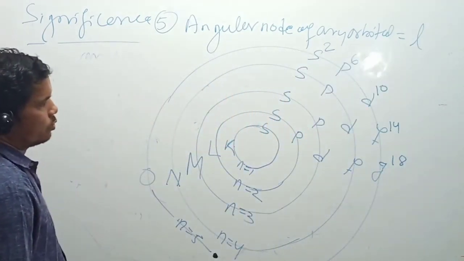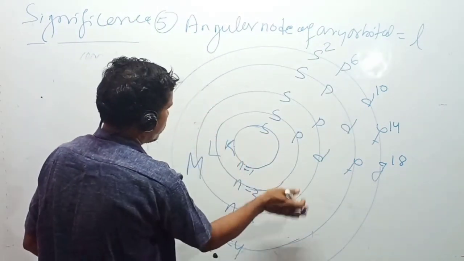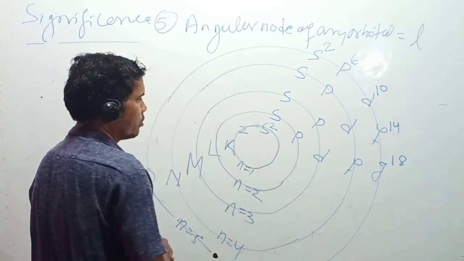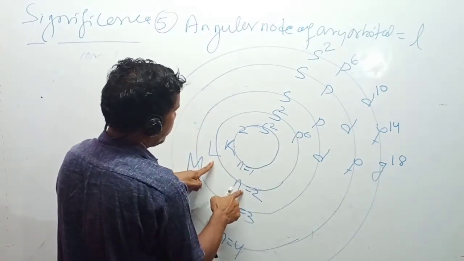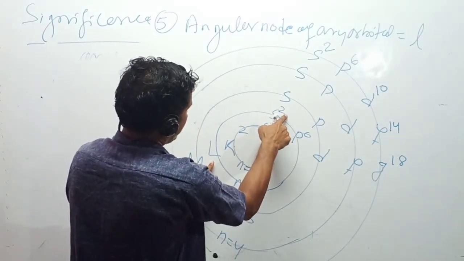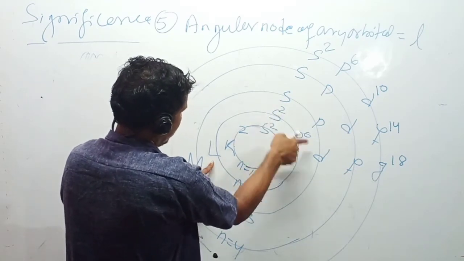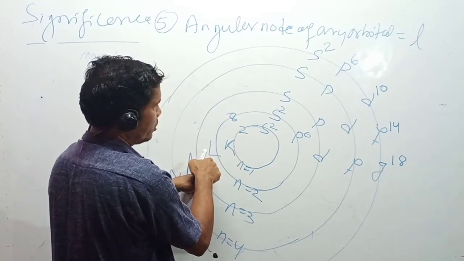So we can also calculate electrons in the same way. s2, so K shell contains maximum electron 2. s2 and p6 in the second shell, n equal to 2. So s subshell contains 2 electrons, p subshell contains 6 electrons, so the total in s and p will be 8.